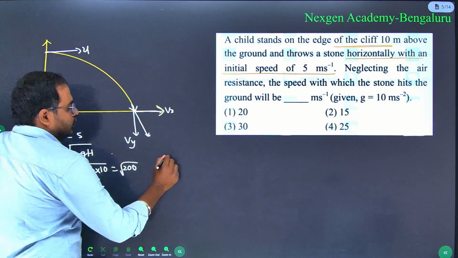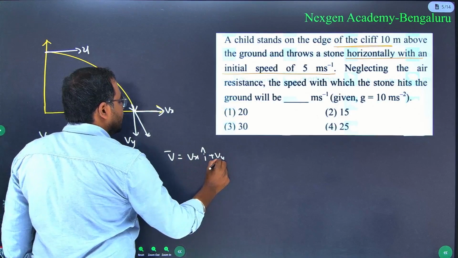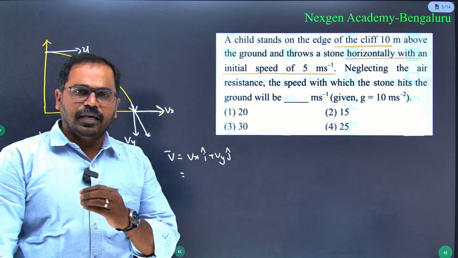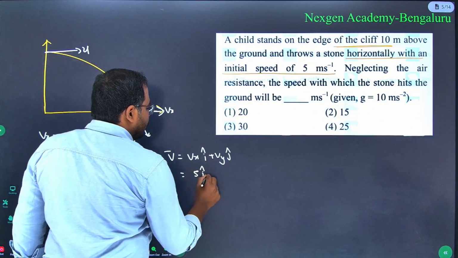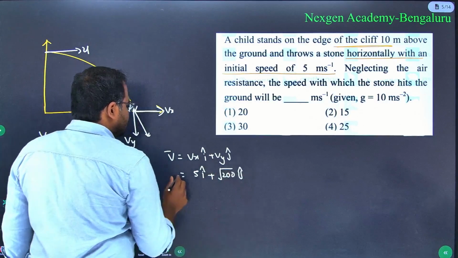Now this V bar is equal to Vx i cap plus Vy j cap. This can be written as Vx is equal to 5 i cap and Vy is equal to square root of 200 j cap. This is V bar.